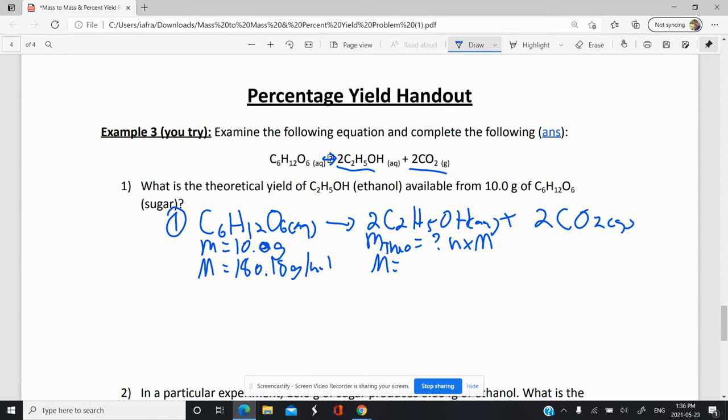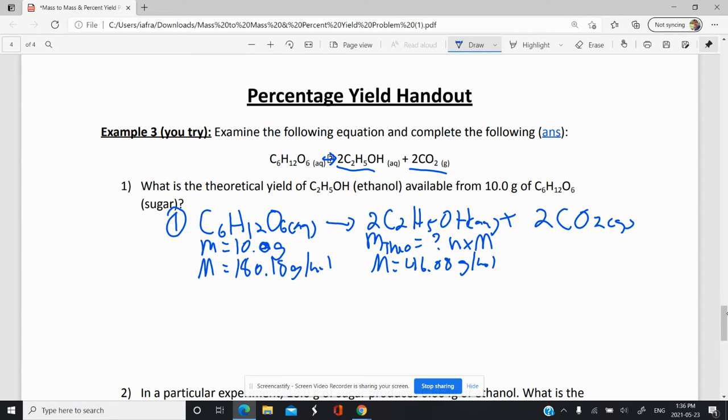And then for the ethanol, 2 times 12.01 for the carbon, plus 6 times 1.01 for the hydrogen, because don't forget there's 6 hydrogens there, plus 16 for the oxygen. And so that will give us about 46.08 grams per mole.